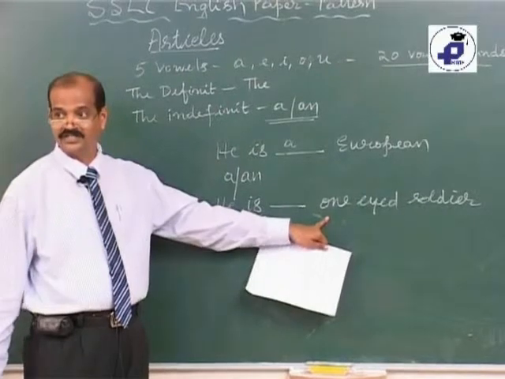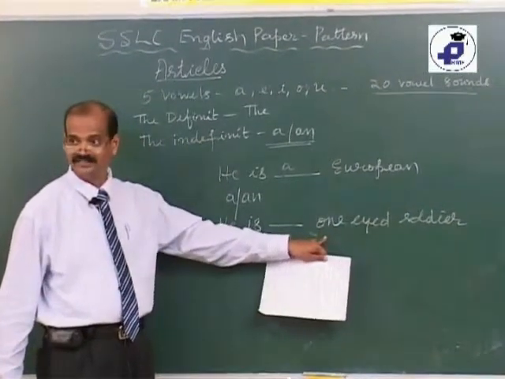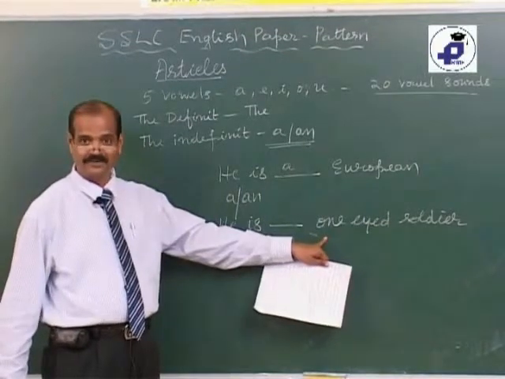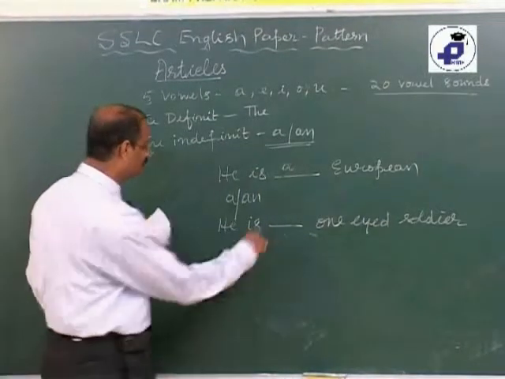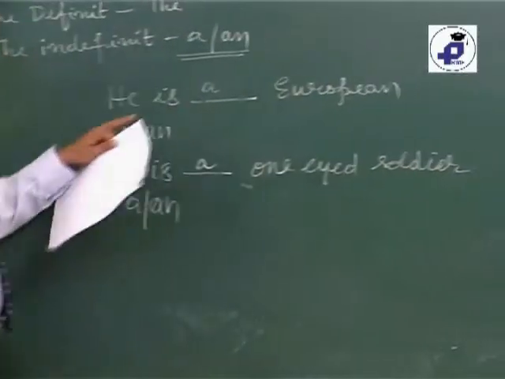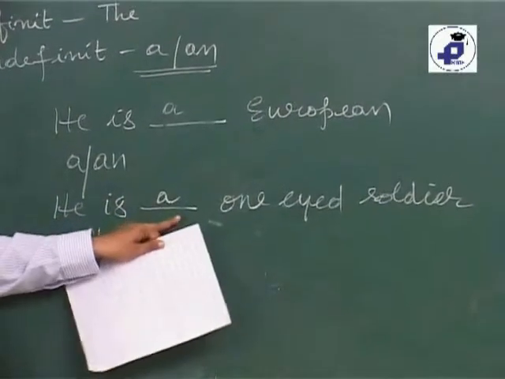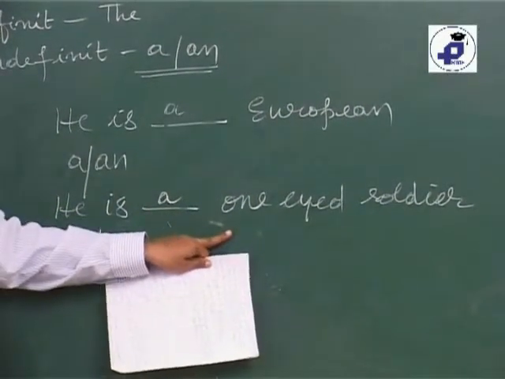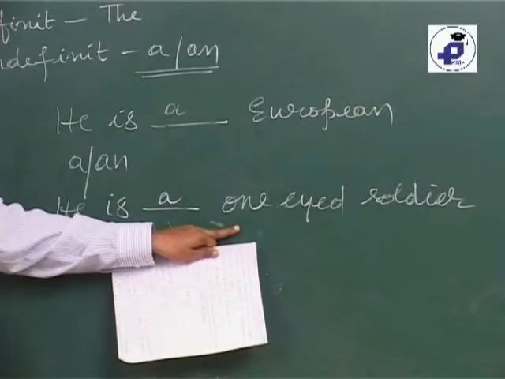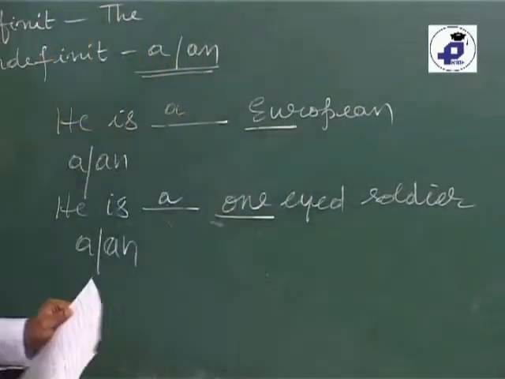One produces a consonant sound, not a vowel. It is not 'on', it is 'one'. So the 'wo' pronunciation, that is a consonant sound. So therefore it is a or an. Here also you have to write 'a'. So, he is a European. He is a one-eyed soldier. So one is a consonant pronunciation. This is also a consonant pronunciation.